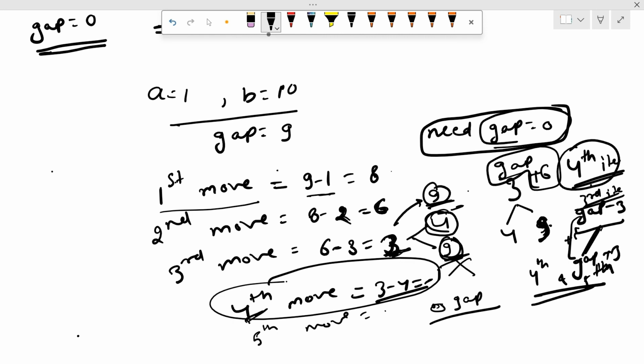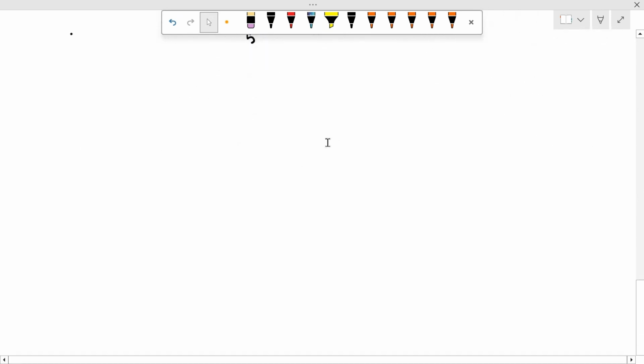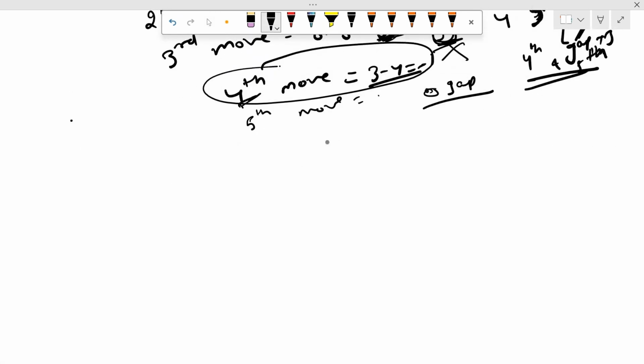Now let's say in any other example, we have gap 3 and we are on our fifth iteration. What do we want?